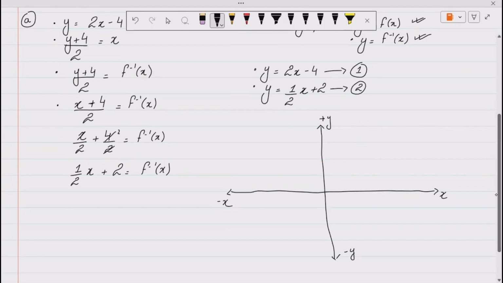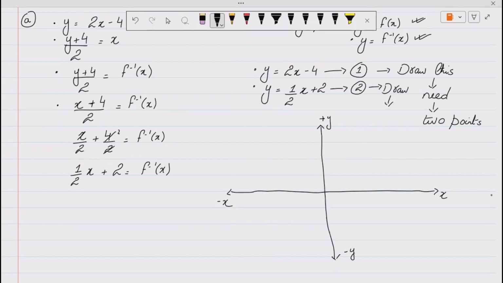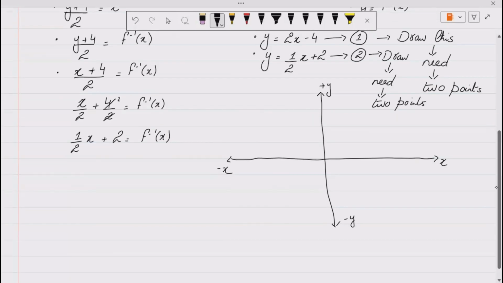If I want to draw this, I need 2 points. Same if I want to draw this, I again need 2 points for this as well. Okay, so let's take each equation one by one.